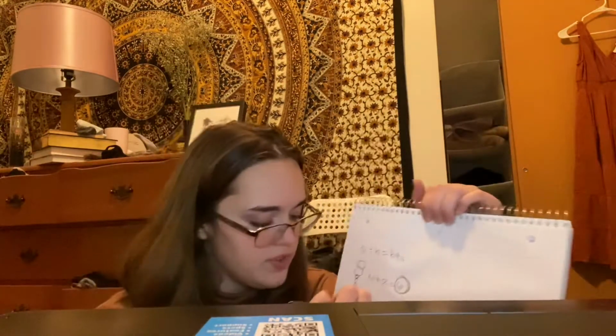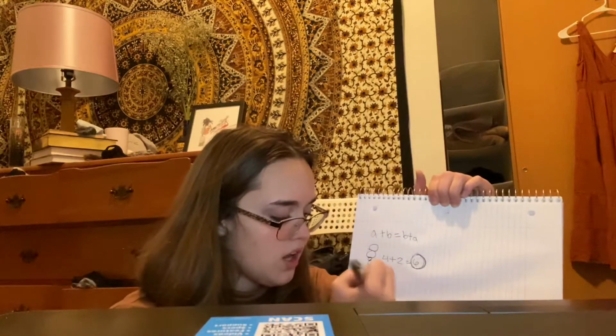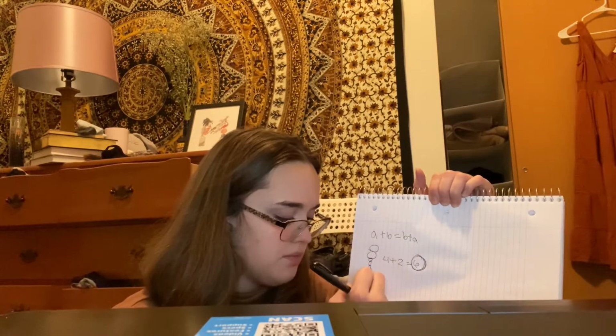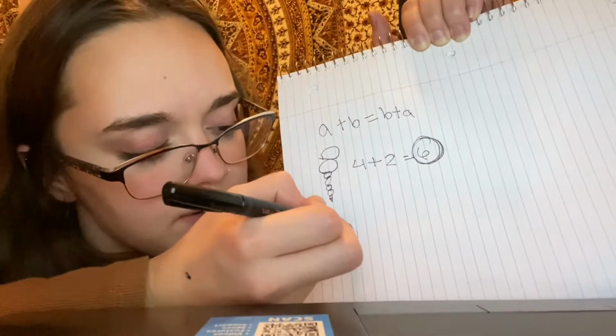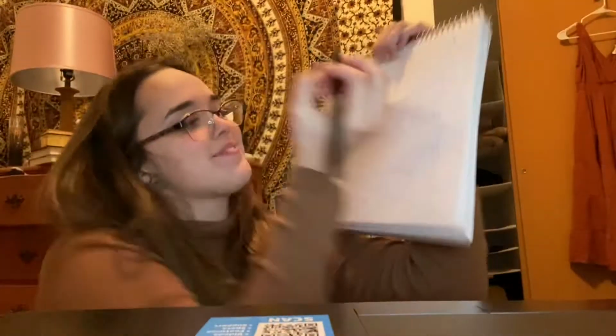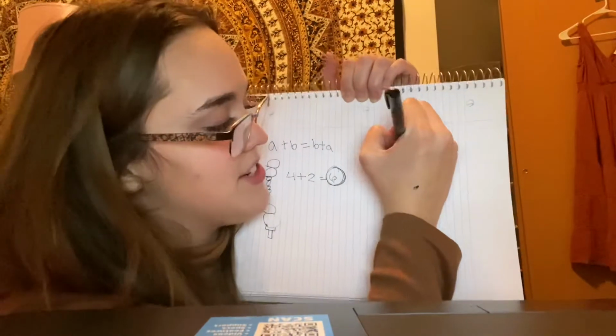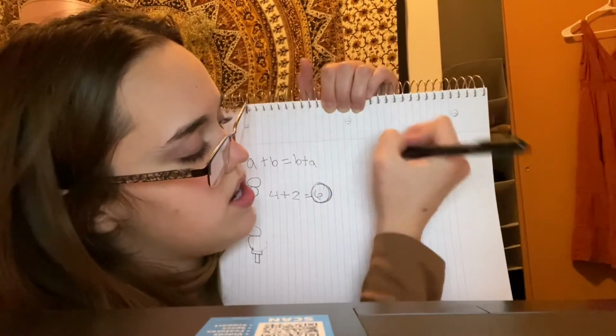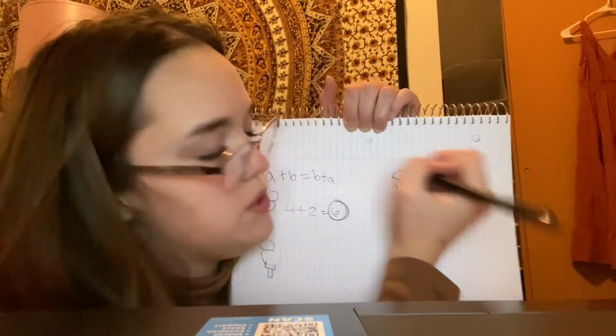Okay, so I'm going to start with my ice cream cone. I'm not the best at drawing, first graders, but it is okay. So I'm going to start. I have 2 scoops of ice cream. Here, I'm going to redraw it over here. Here's my new ice cream cone. And I have 1, 2 whole scoops of ice cream.